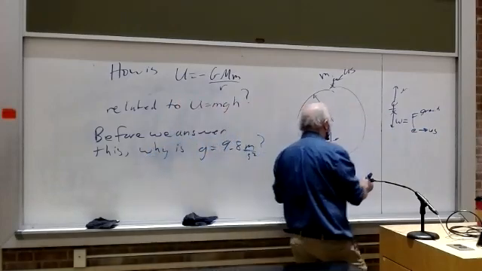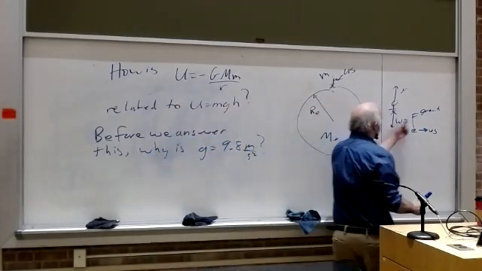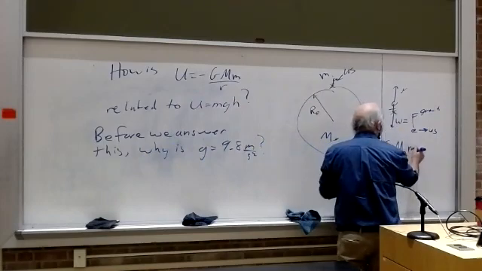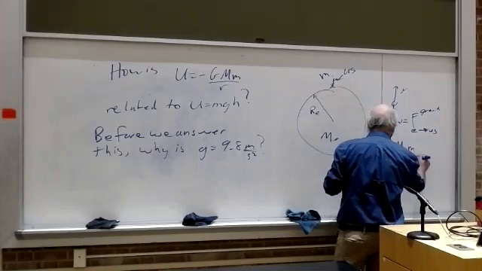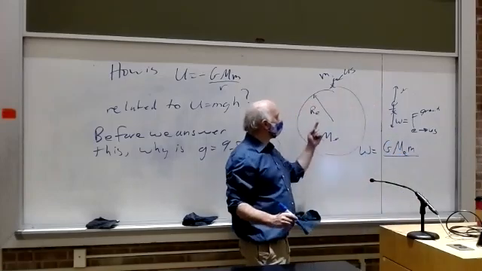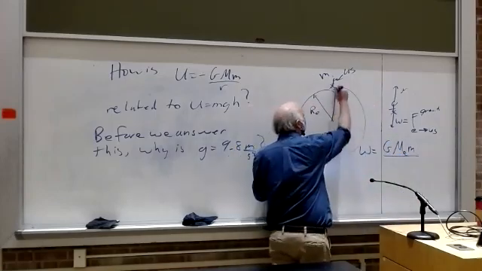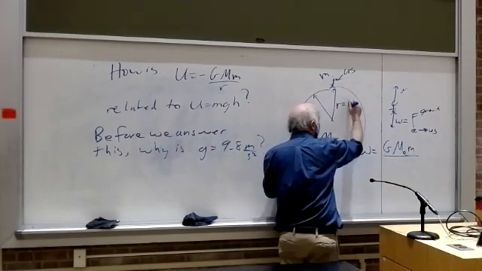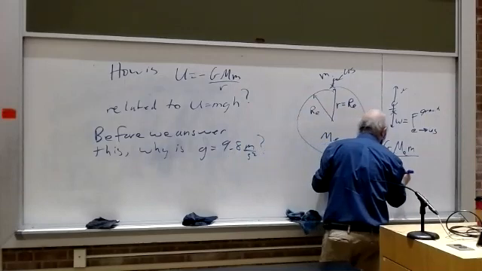Okay, let's put some things in here. This is going to be G, mass of the Earth, our mass, over R squared, where that little r is nothing but the radius of the Earth. So this is the radius of the Earth squared.